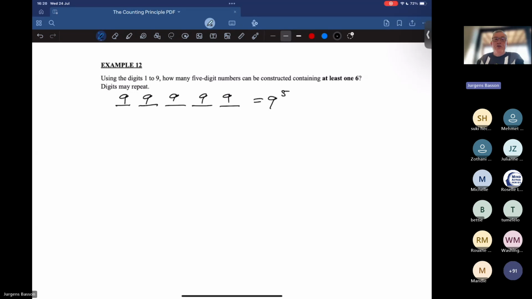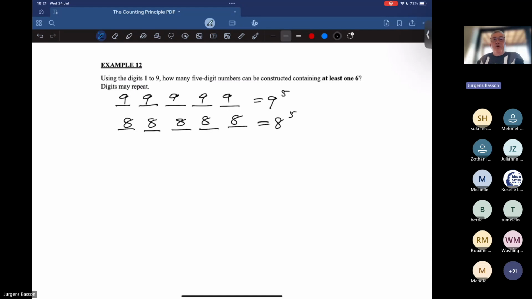I hope you agree with me, this will be my sample space. Now I want to calculate no 6. So it means we've got only 8 digits, and they can repeat, 8, 8, 8, 8, and 8. And that gives us 8 to the 5.